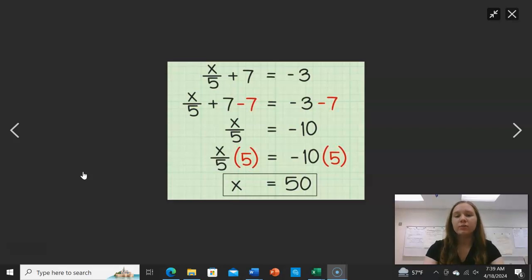First they subtract 7 from both sides, and then the positive and negative 7s cancel out, and the negative 3 and the negative 7 are combined to create negative 10. Now there is a new equation, x over 5 equals negative 10, and we will multiply by the reciprocal, where x over 5 represents 1/5, that fraction.